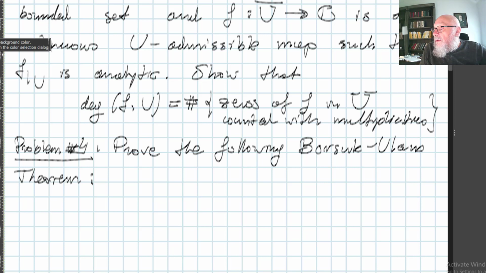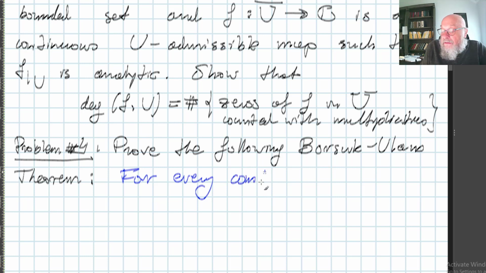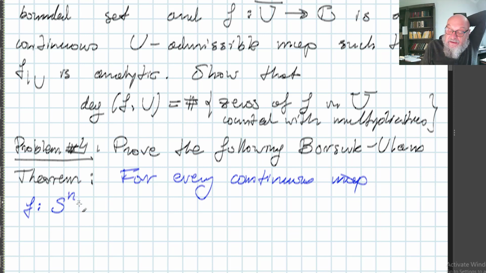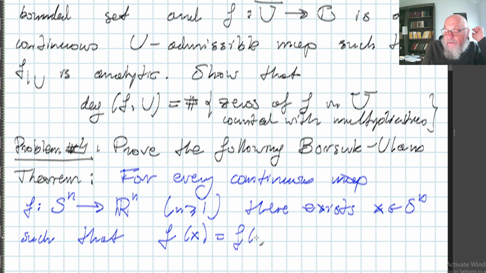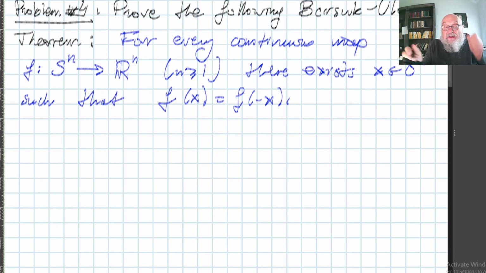For every continuous map f from, let's say, Sn to Rn, so here n as usual larger or equal to 1, there exists x belonging to Sn such that f of x is equal to f of minus x. So that's problem number 4.